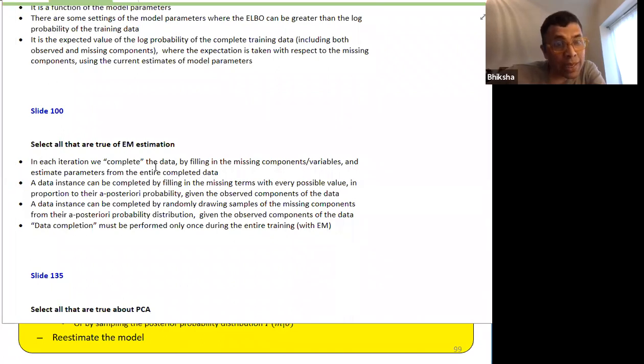In each iteration, we complete the data by filling in the missing components or variables, and we estimate the parameters from the entire completed data. Now, a data instance can be completed by filling in the missing terms with every possible value for the missing term, all infinite of them if there are infinite of them, in proportion to their a posteriori probability, given the observed components.